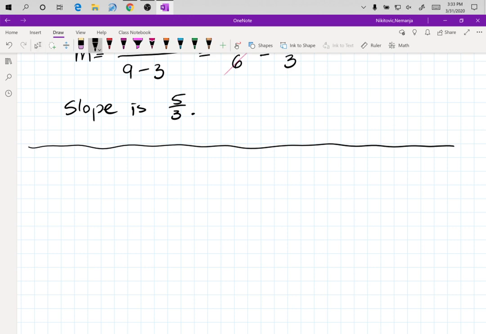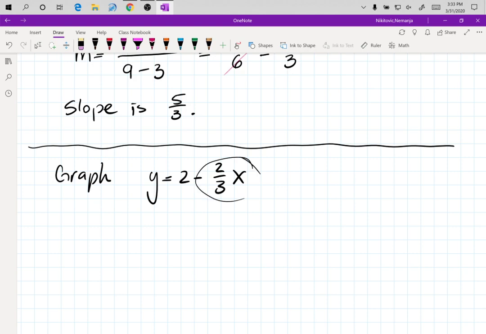So it says graph y equals 2 minus 2/3 x. Well, we know that this is supposed to be the first. Right? It's mx plus b. This is supposed to be at the end. So it's your job to rewrite it as -2/3 x plus 2.